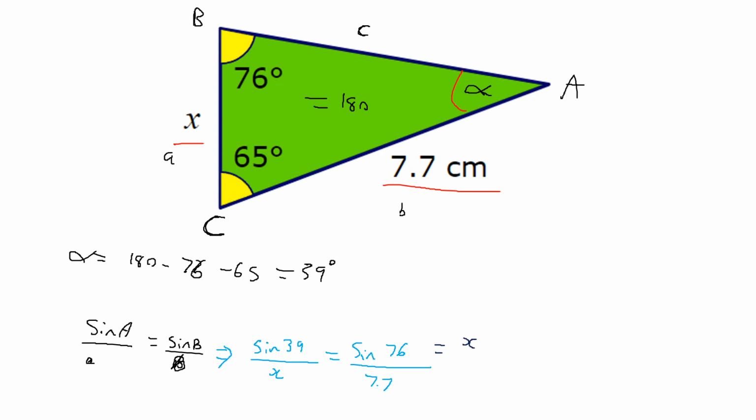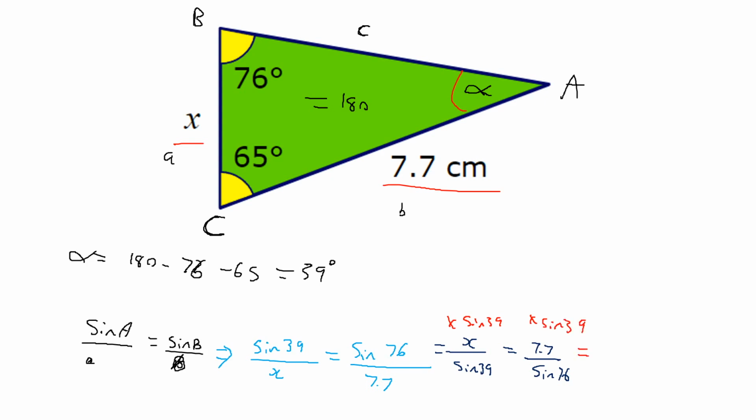So now we're left with x over sine 39 is equal to 7.7 over sine 76. And now all I need to do is times both sides by sine 39. Okay?